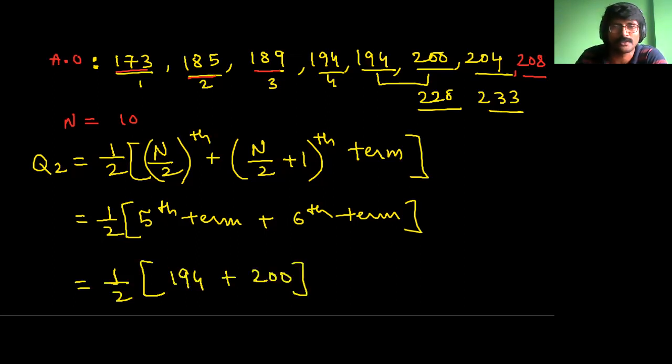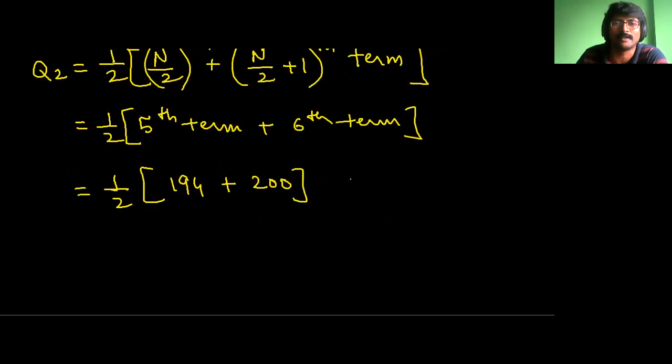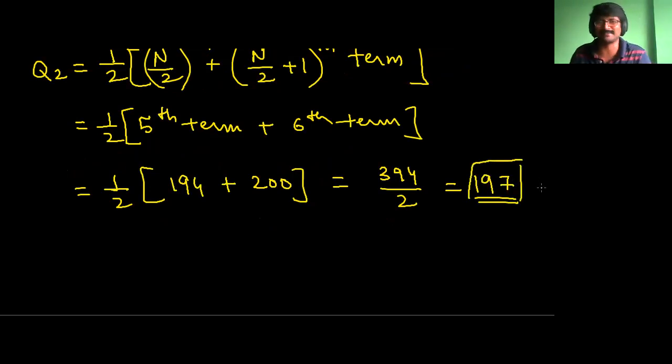It will become 394 divided by 2. 394 upon 2 will become 197. 197 would be the median of this observation. I hope you understood this. This is super duper simple, guys. Very easy thing, isn't it? If you're not finished writing, you can copy paste it very easily in your book.